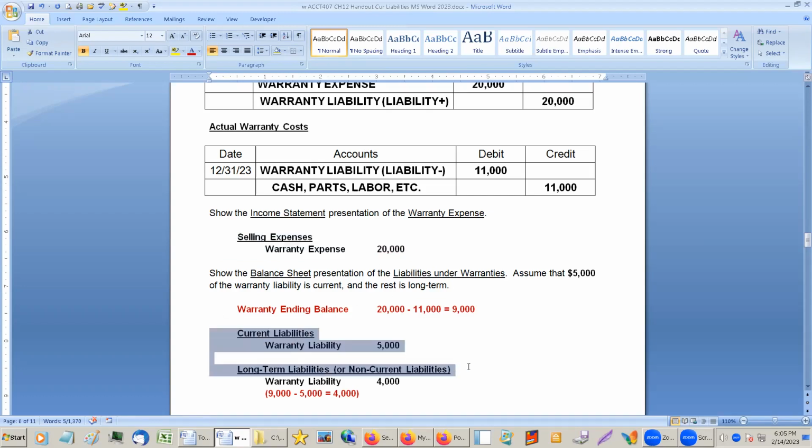And the warranty liability, you break it up between current and long-term, or sometimes called non-current, same thing. Question on that?